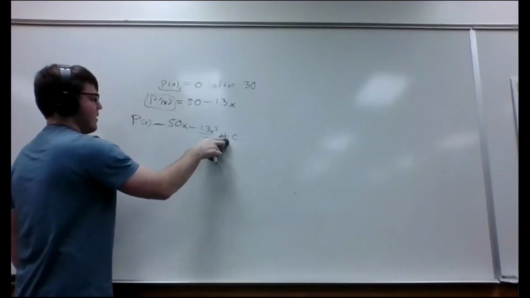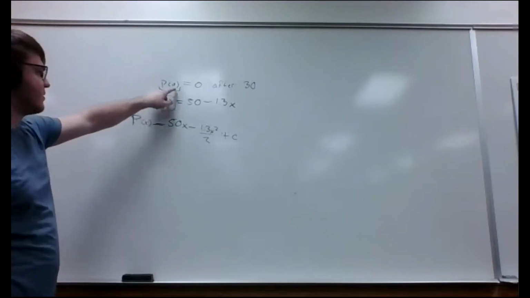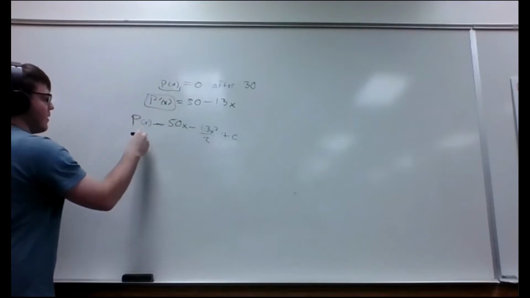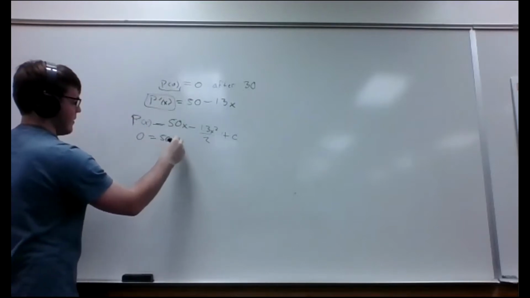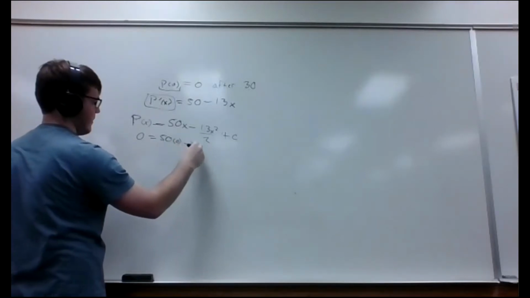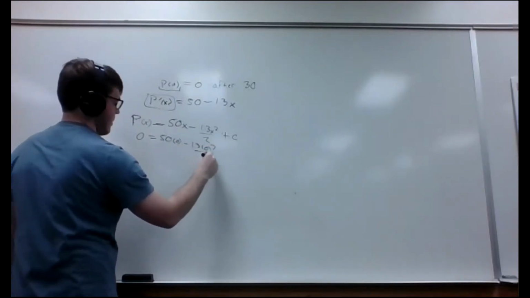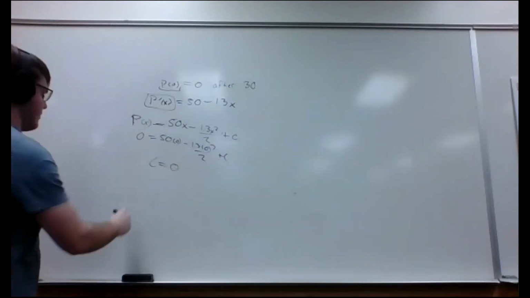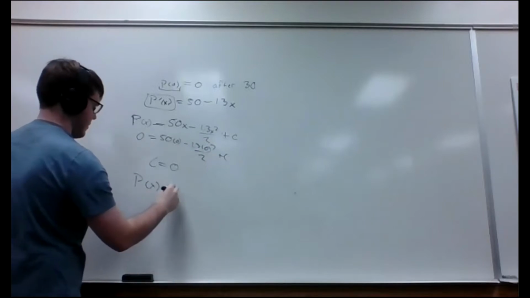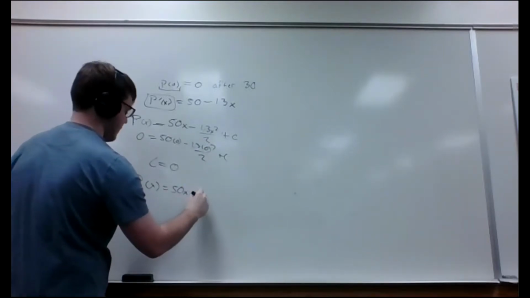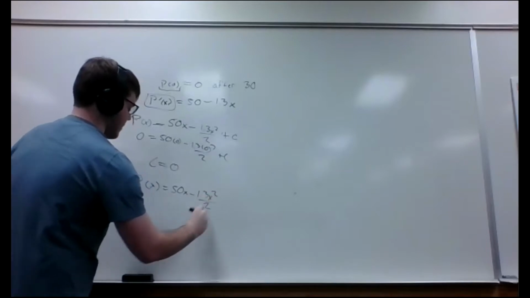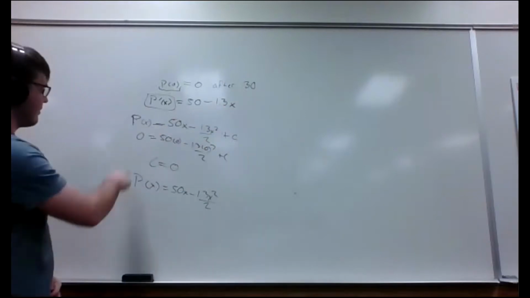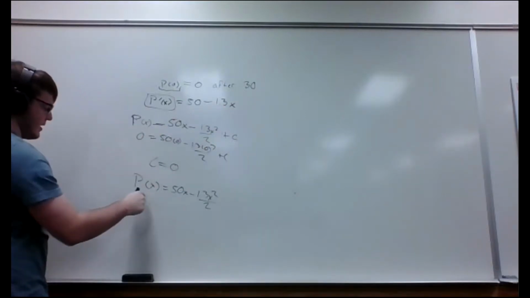Because when x is 0, we're basically just going to plug in 0 for x and set it equal to 0. So we can say that c is equal to 0, right? So we can rewrite our equation. And now we're just going to evaluate this for the first 30 units. So now we're going to say p of 30.